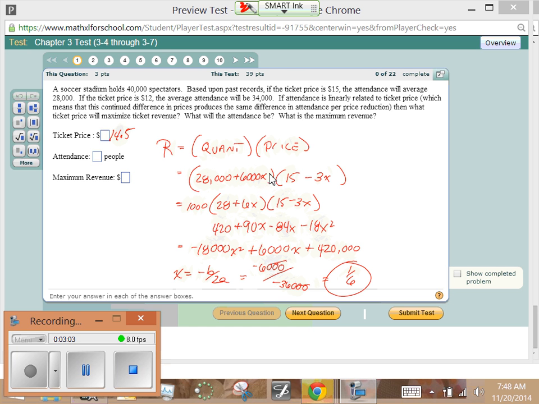So I'll plug the 1/6 in here. 28,000 plus 6,000 times 1/6 is 1,000. Add those together and you get 29,000. Now the maximum revenue would be 14.5 times that 29,000, which is $420,500.